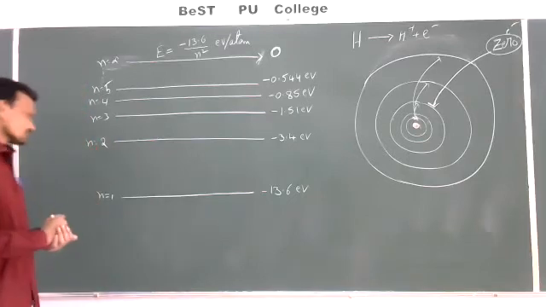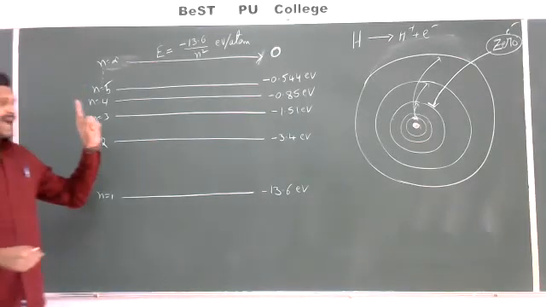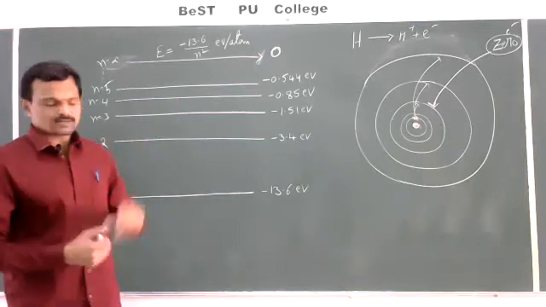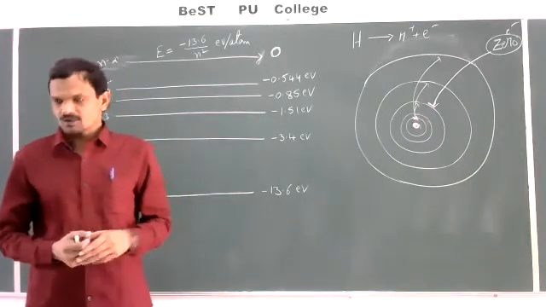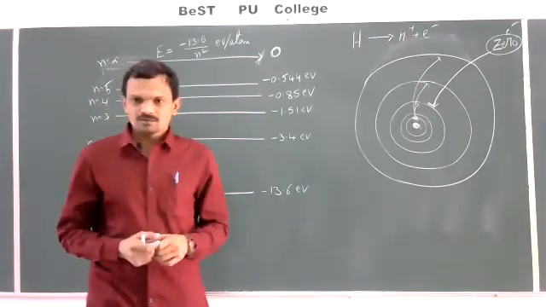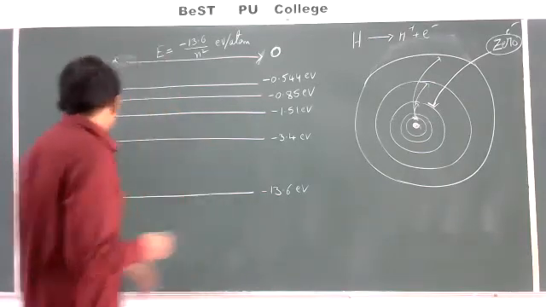Now see here, as the orbit number increases, what happens to the energy of the orbit? What about potential energy? What about kinetic energy? Let us see now.